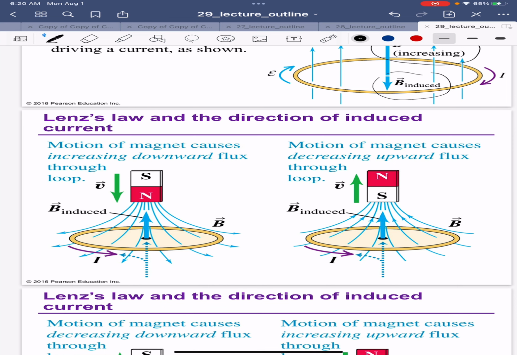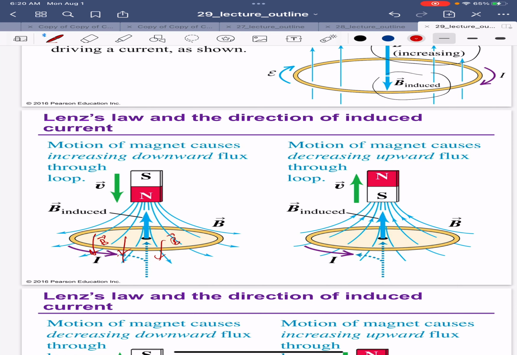Motion of the magnet causes an increase in downward flux through the loop, and then B induced is going to be opposite to the original. Here the original is going this way, in the direction of north, and then B induced is going to be up.